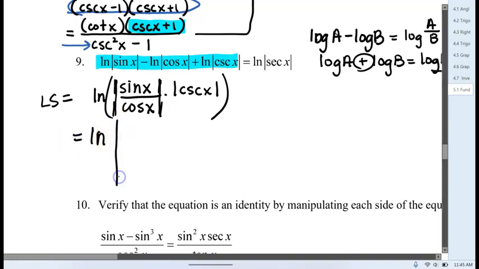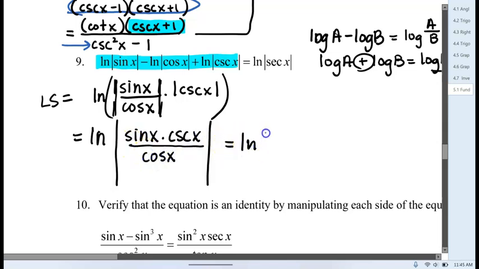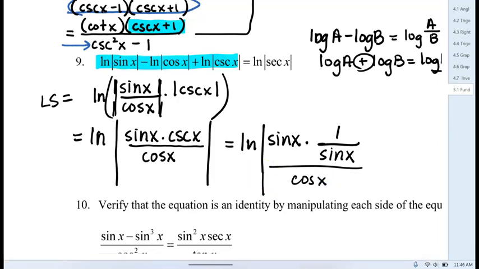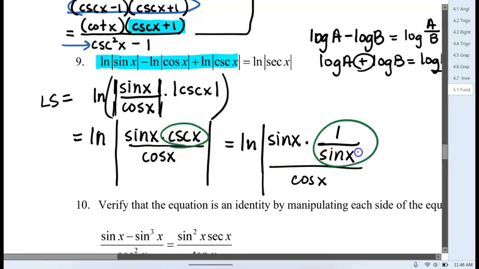We have natural log, and on the inside of that natural log, an absolute value. I can just multiply all of this stuff together: sine times cosecant divided by cosine. Let's switch to sine and cosine because then it will be very easy to see that the sine will cancel, because I replaced the cosecant x with 1 over sine using a reciprocal identity.